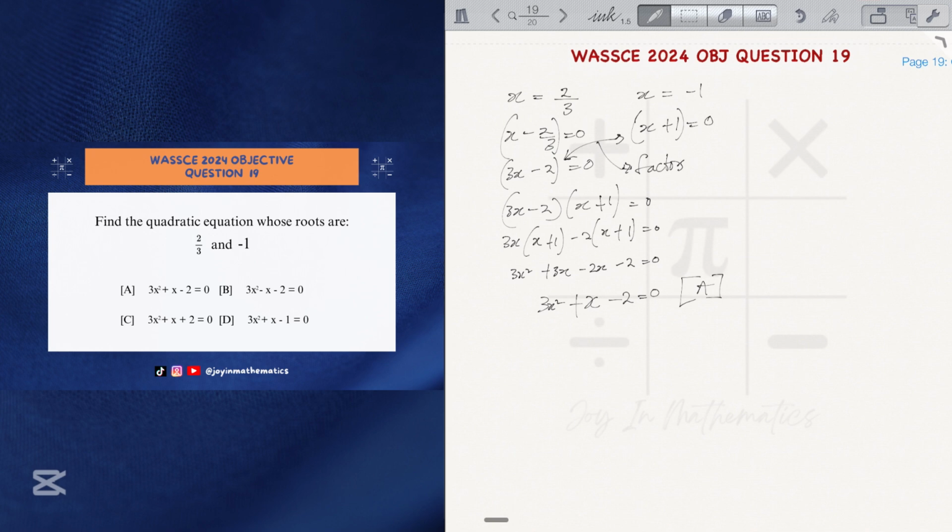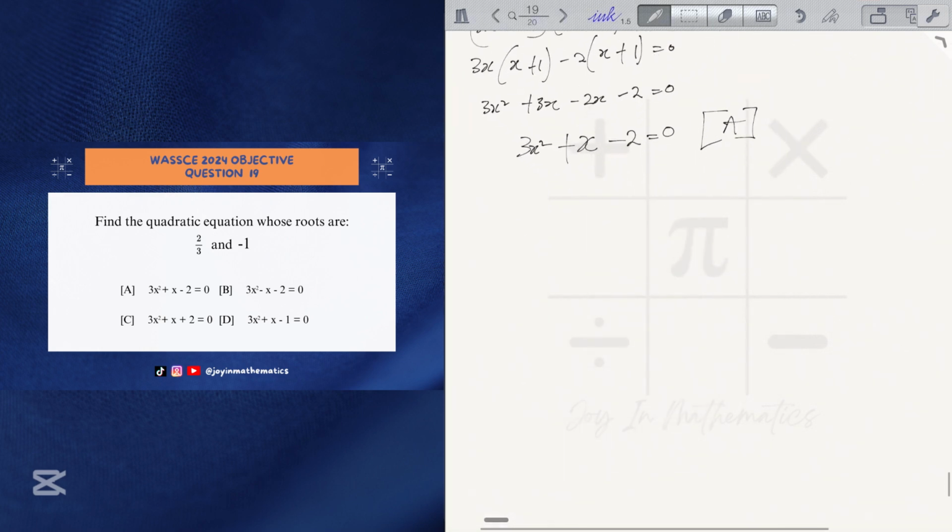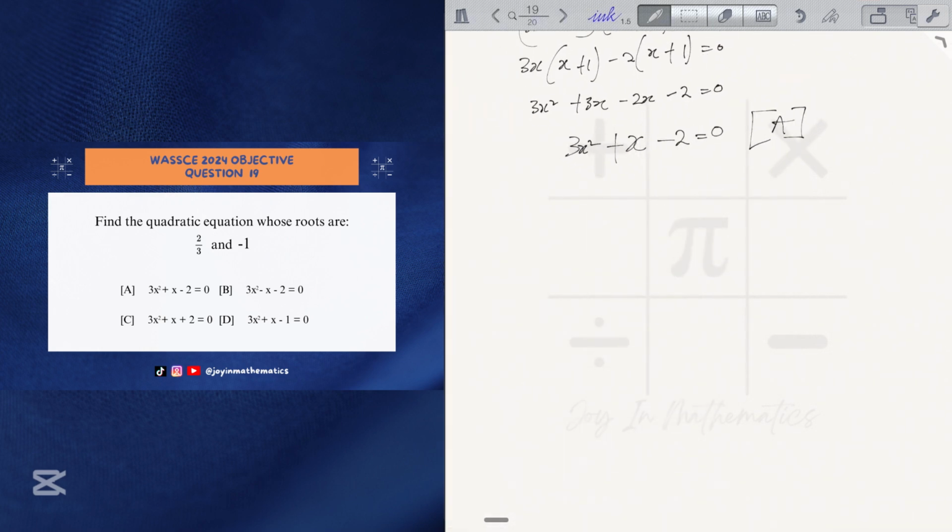Now let's proceed on to the next way. The second way to solve it now is we'll use the expression to generate the quadratic equation from the roots. The expression says that the quadratic equation is x squared minus the sum of roots, so we have the two roots added together, multiplied by x.